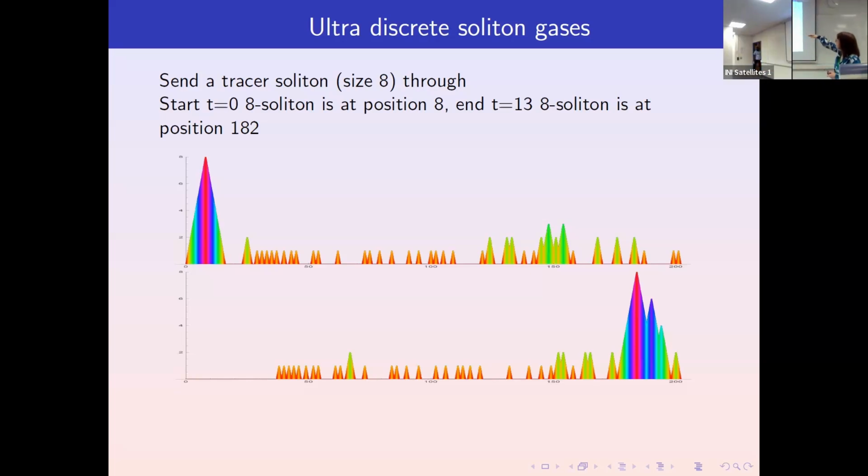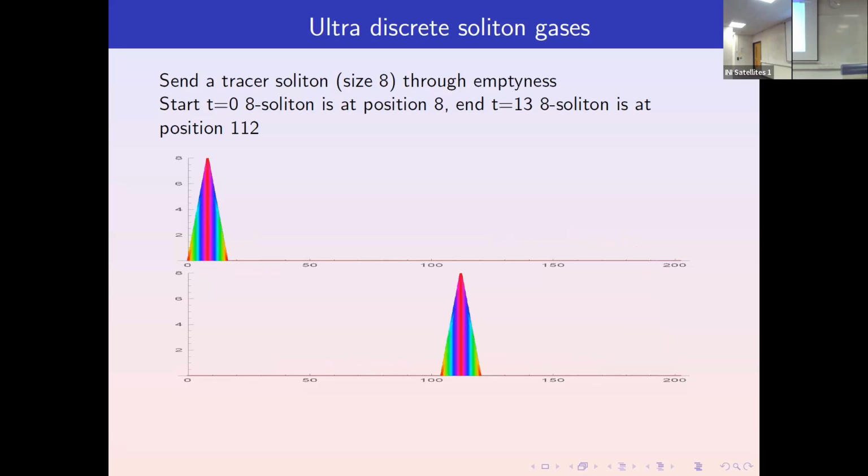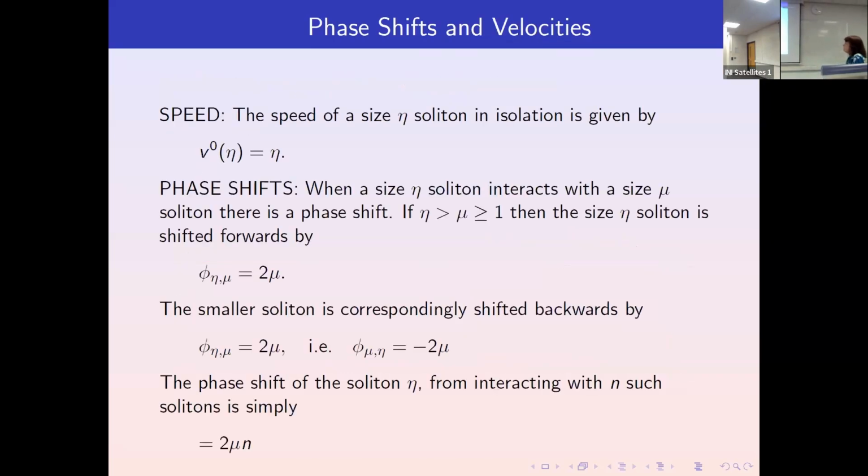So this is just going 8 steps, start with a soliton over here, end up with it over here. And if I didn't have any small solitons, it would just shift less far.